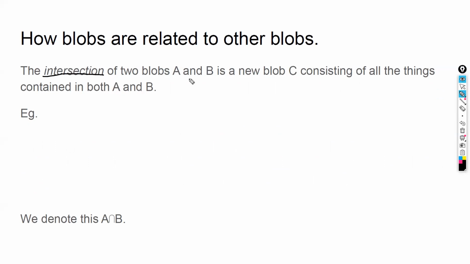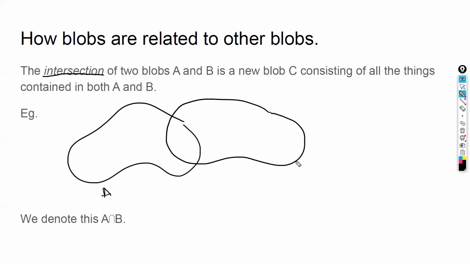The intersection of 2 blobs, A and B, is a new blob C consisting of all things that are contained in both A and B. For example, if I have this blob A, which consists of all of the points inside of this weird bean, and this blob B, which consists of all the points inside of this other weird bean, then their intersection is all of the points that they share, that are contained in both A and B. For us, it's going to be this area here.